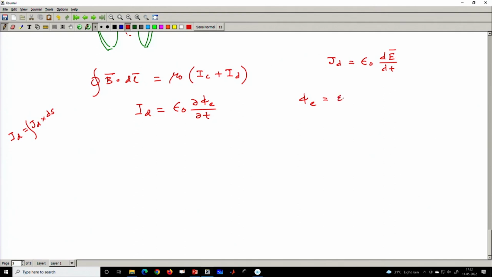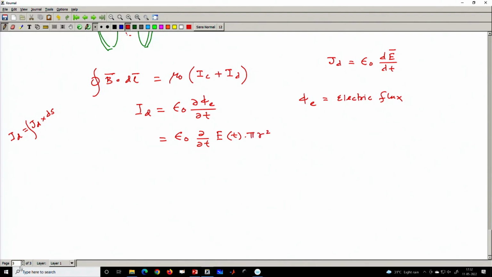So, it is electric flux, so here I should write epsilon 0 and then del by del T of the flux, in terms of electric field multiplied by the area, and this area should be pi r square.